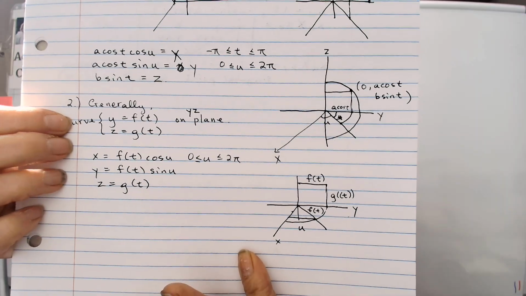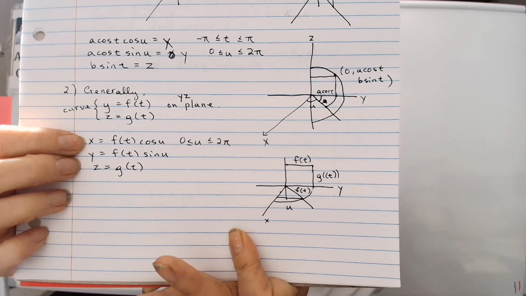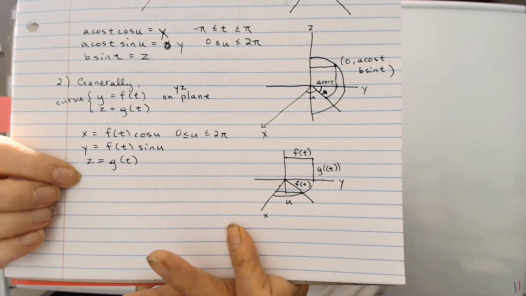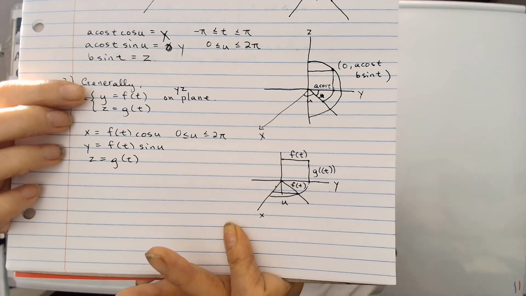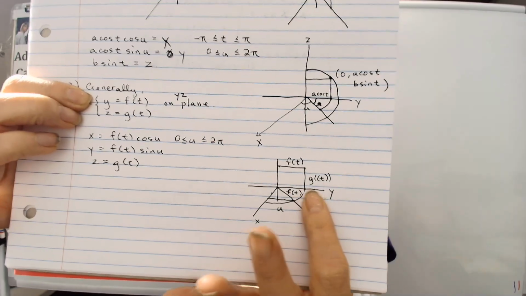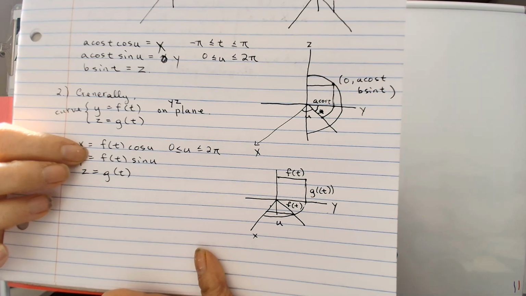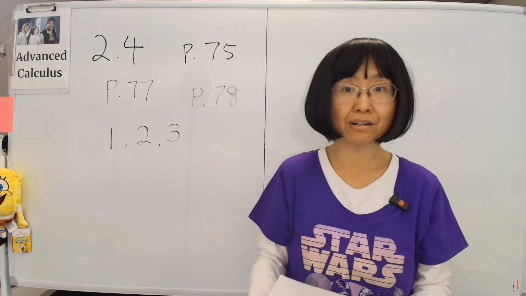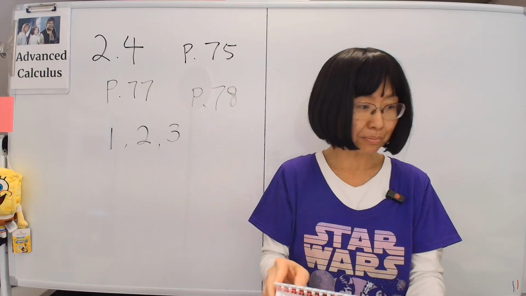So if you have a curve where Y is f of t and Z is g of t, then the x coordinate, which is x1 in our homework, x1, x2, x3, is f of t times cosine u, and the other one is f of t times sine of u, and then everything will come out the same way. That is the parametric representation of any curve that you want to spin around something. So that is problem 2.